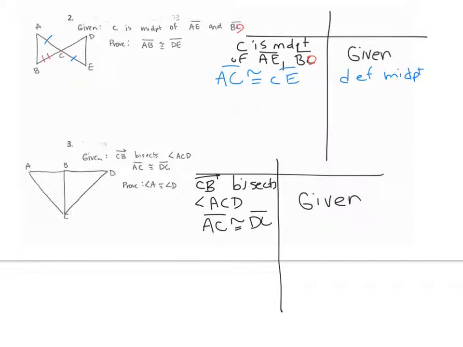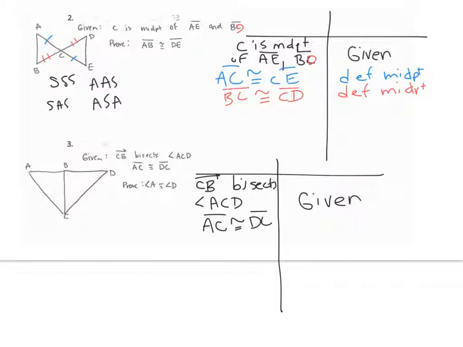So I can also mark these two. So this is BC is congruent to CD by definition of midpoint as well. So now if I look at my triangles, I have just two sides.